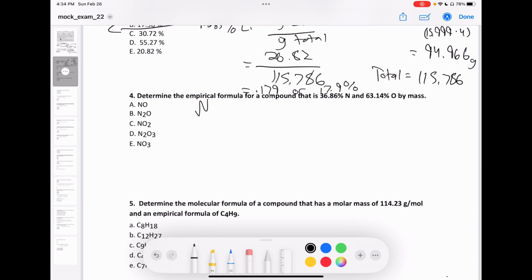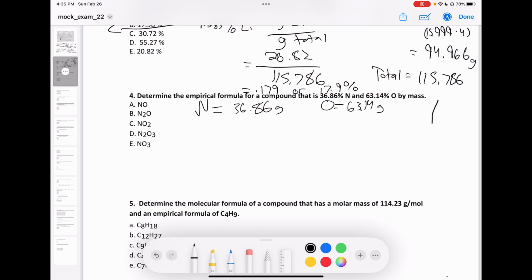So nitrogen has 36.86 grams. Oxygen has 63.14 grams. And then when we're finding the empirical formula, we're gonna convert all of these to moles and divide by the smallest number of moles to get that ratio for the subscripts in the formula.